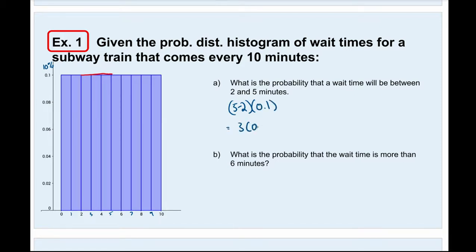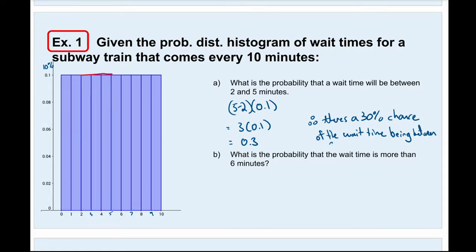So I get 3 times 0.1, or 0.3. Therefore, there's a 30% chance of the wait time being between 2 and 5 minutes.